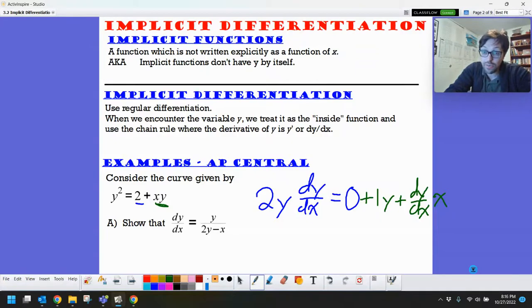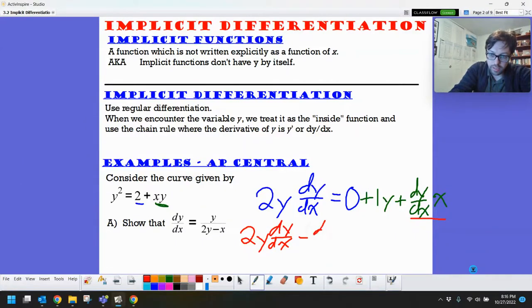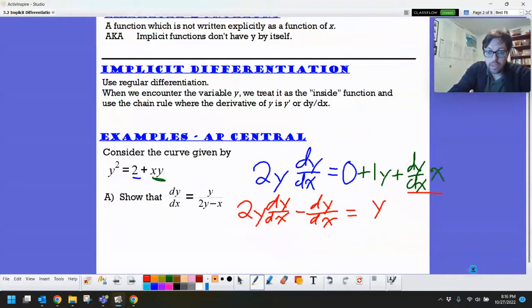Now, what I've got here does not match up with what they gave us. What we need to do is, I would really like that y prime or dy over dx to be by itself. So I'm going to get those on the same side. So now I have 2y dy over dx minus this one, dy over dx, equals y. Then I can factor out those dy over dx's.